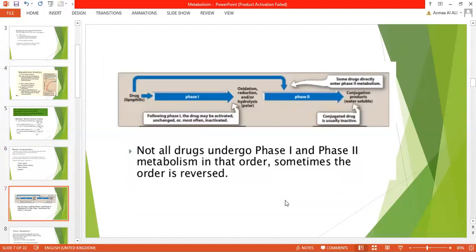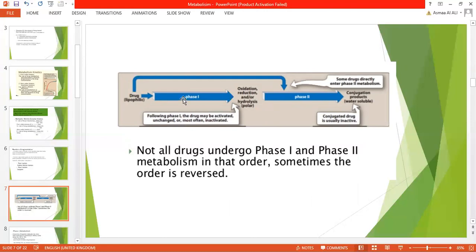These figures explain phase 1 and phase 2 reactions. And we have to note that not all drugs undergo phase 1 and phase 2 metabolism in that order. Sometimes the order is reversed.